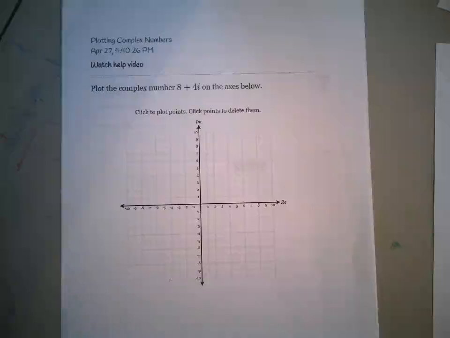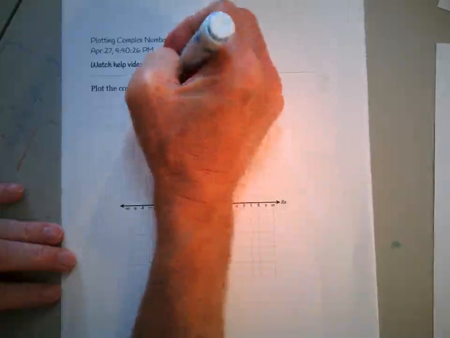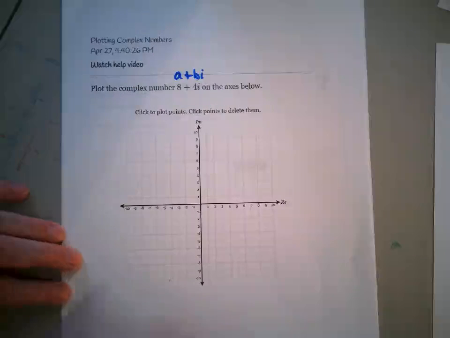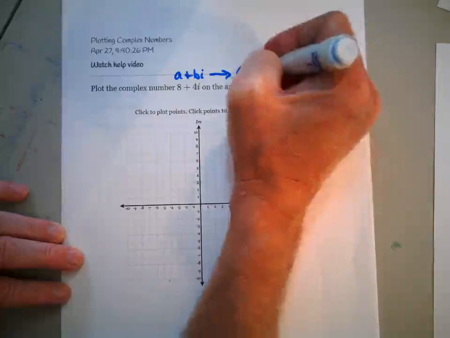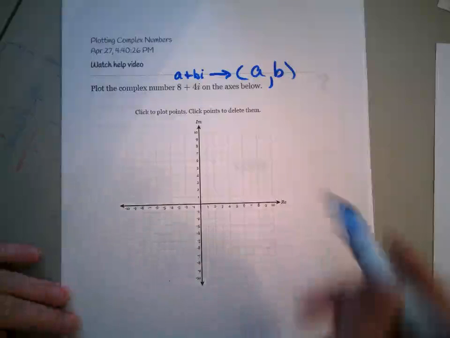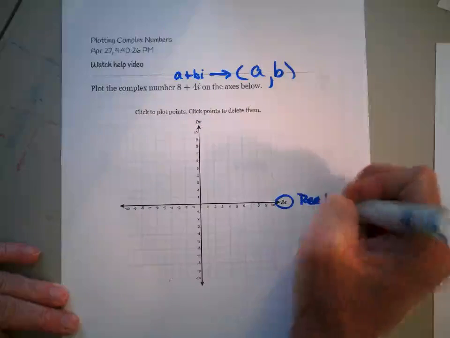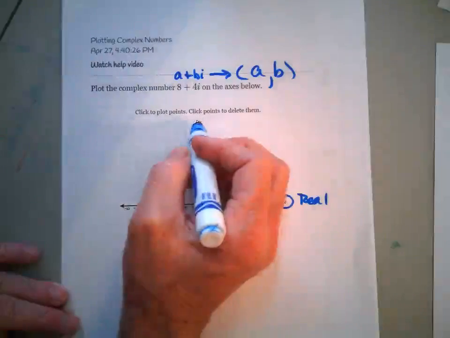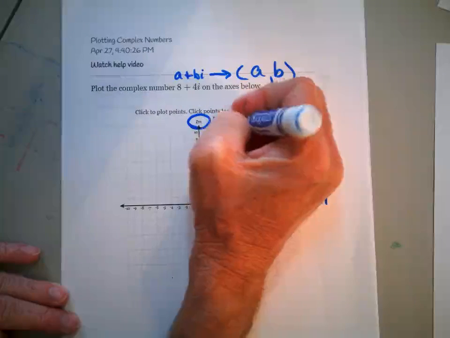All right. So if you remember from yesterday, complex numbers are a plus bi. And so that a plus bi gets turned into a coordinate that is just a, b. So it's treated as x, y in the plane down here. You'll see right here it says real. This is the real axis. Up on top, it's got an im sitting right there for imaginary.